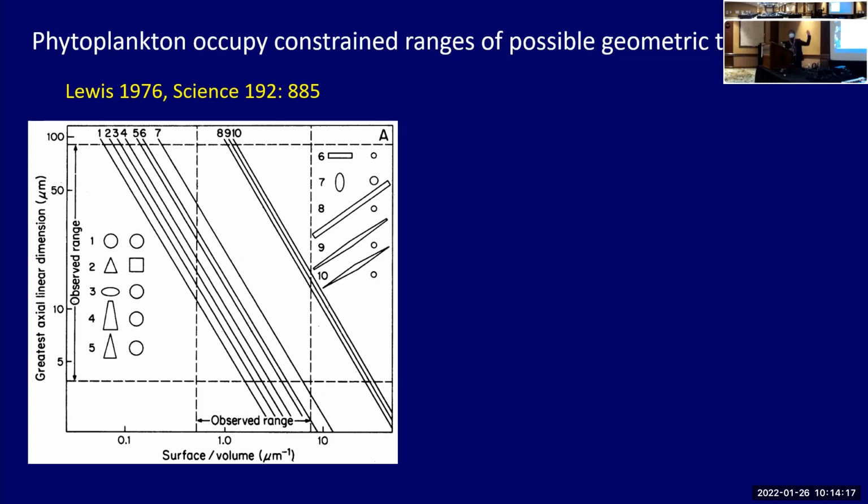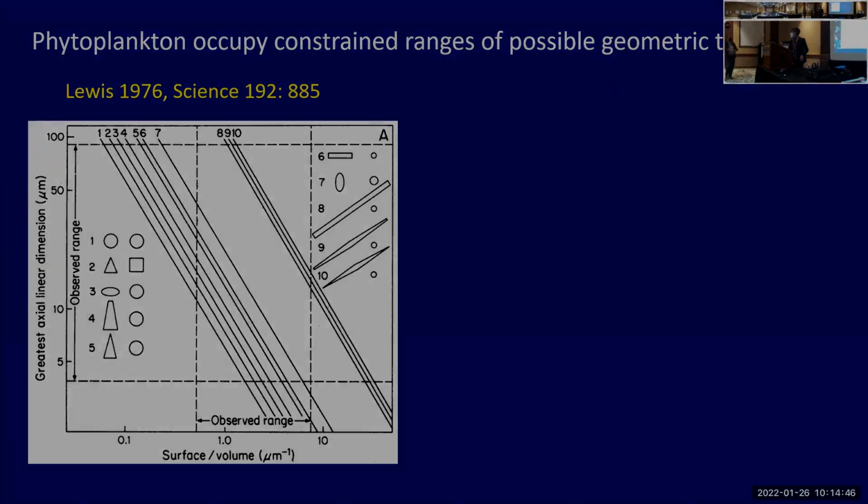So these kind of, I'll call them iso-shaped lines in this schematic, show the trade-off between maximum linear dimension on the y-axis and surface area to volume on the x for various shapes, where the leftmost diagonal line labeled 1 shows the dependence for spherical shapes, which is, as we know, kind of the extreme worst case scenario for a given maximum length in terms of optimizing surface to volume.